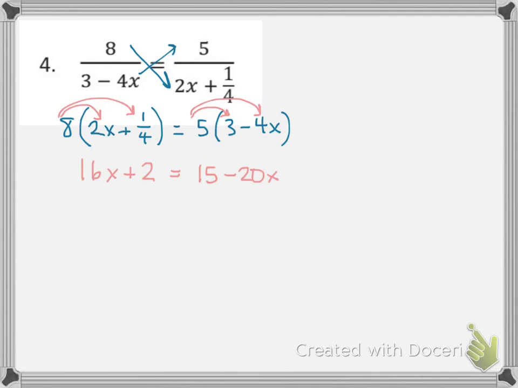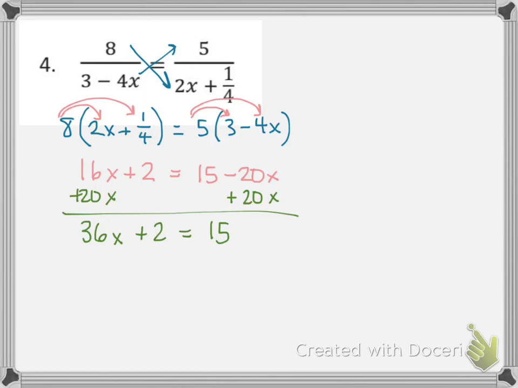And now we can get our variables on the same side. Let's get rid of this negative. Add 20x to both sides. We get 36x plus 2 equals 15. Now we can isolate the variable. Subtract 2 from both sides.